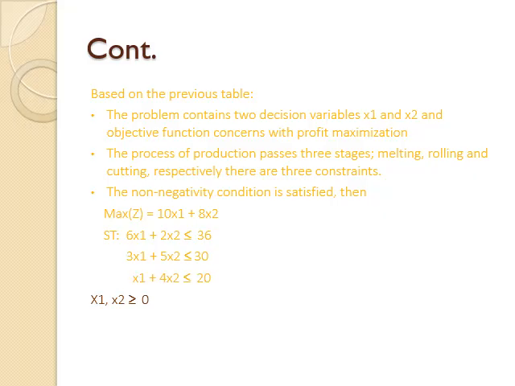The last constraint concerns the last stage of production, which is cutting. x1 plus 4x2 less or equal 20. And finally we face the non-negativity condition where x1, x2 must be more or equal 0.